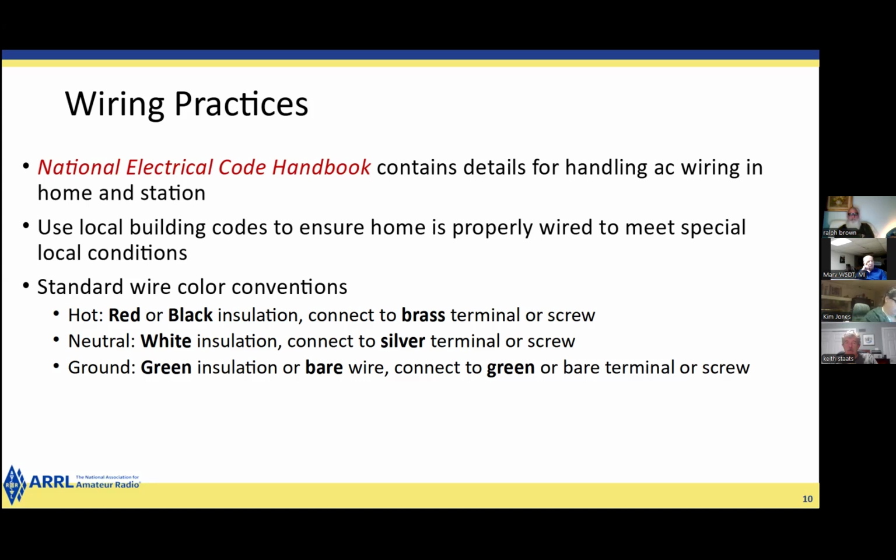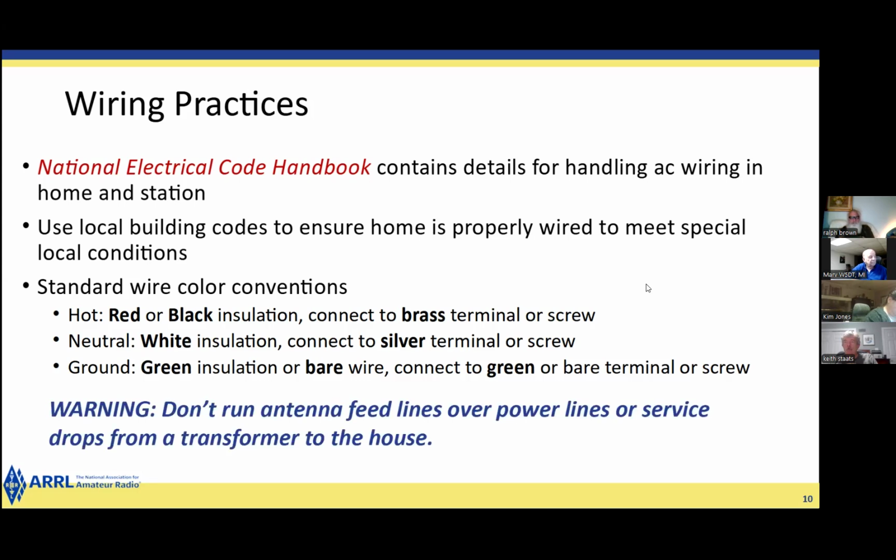And your ground, which would have the green insulation, or it's a bare wire, goes to the green or bare terminal or screw. But those are universal. And it goes without saying, don't run antenna feed lines over power lines or service drops from a transformer to the house.